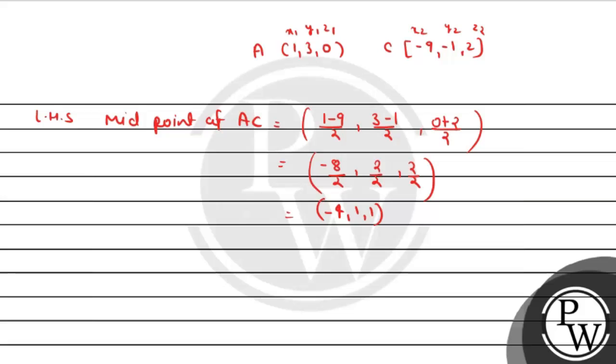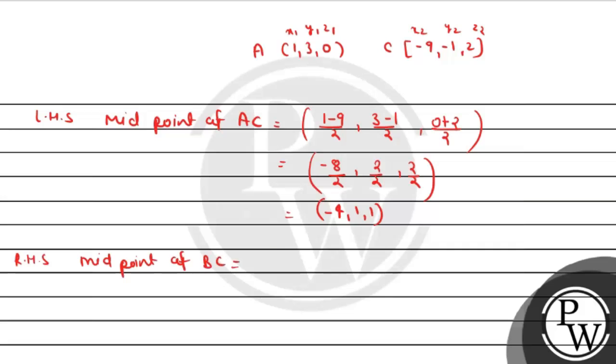Now we need to work out our RHS part. Our RHS is the midpoint of BD.